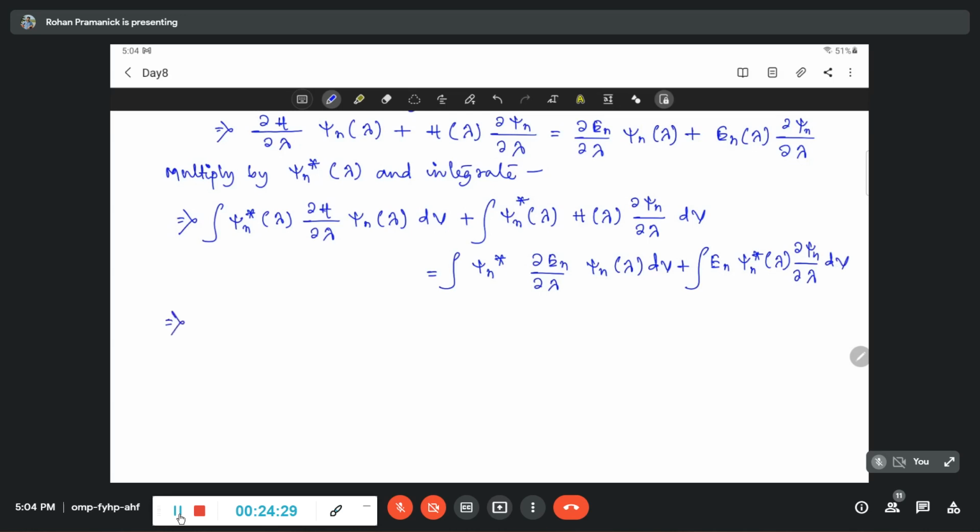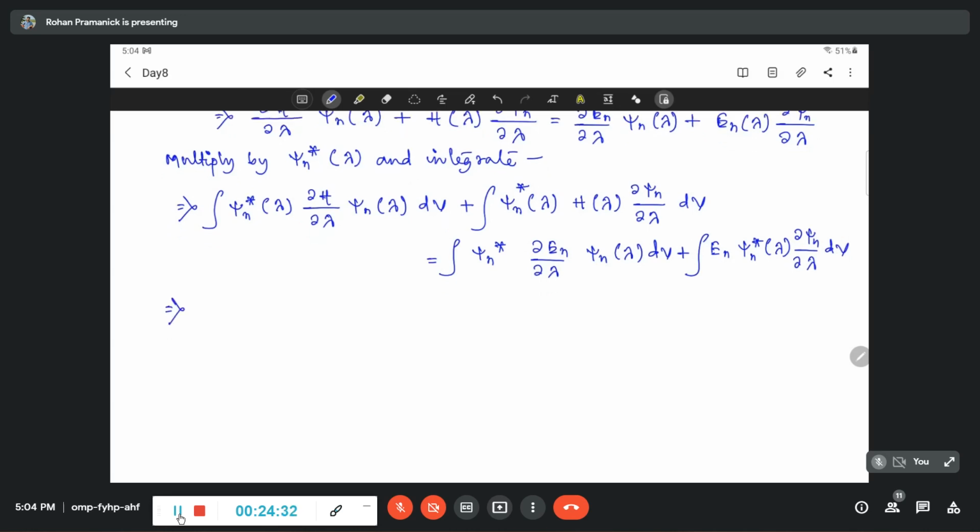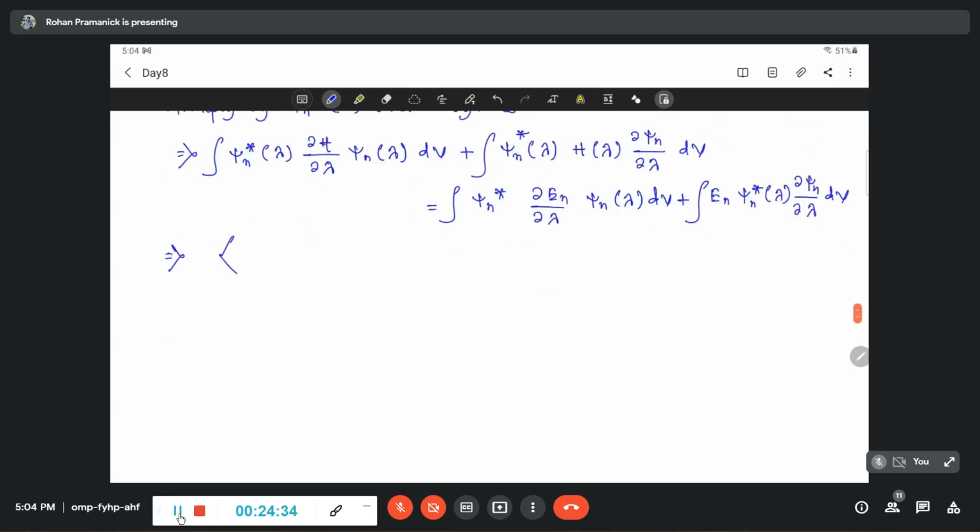You can see that the first quantity is nothing but what we want: the expectation value of del h del lambda. Plus, H operating on psi n star will give you En and bring out psi n star because it is an eigenstate, and En does not depend on the coordinates, so it is a number and we can pull it out of the integral.